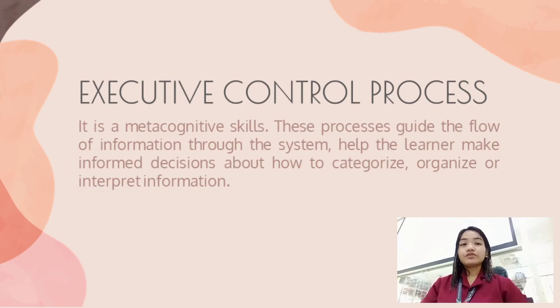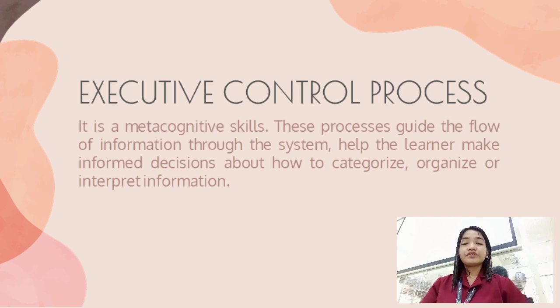I will continue the discussion about information processing. First, we have executive control process. It is a metacognitive skill. These processes guide the flow of information to the system, help the learner make informed decisions, how to categorize, organize, or interpret information.